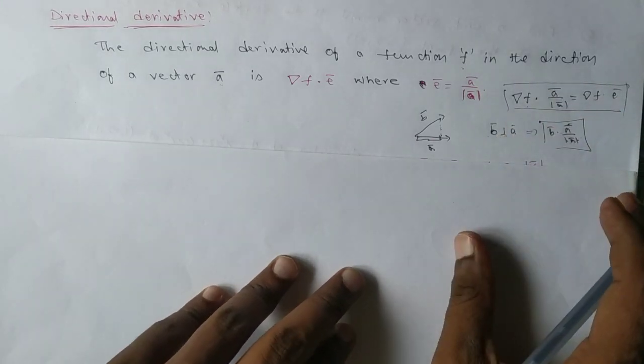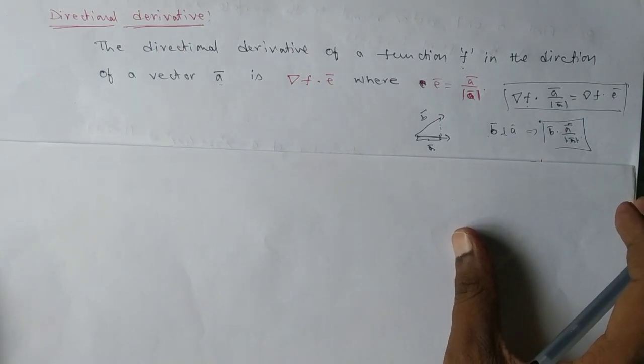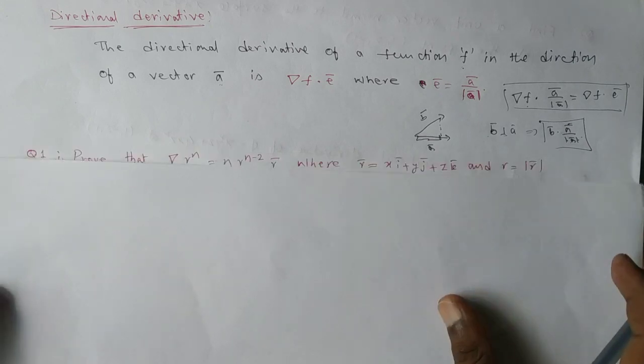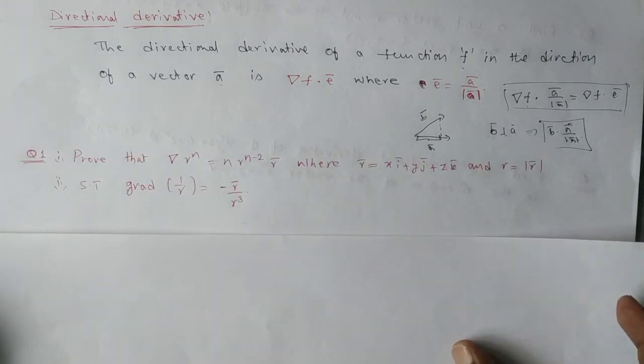To find the directional derivative of any function f in the direction of a bar, we just calculate the gradient of f dot e bar, where e bar is the unit vector in the direction you want. Clear? So let us come to solve some problems in this unit.